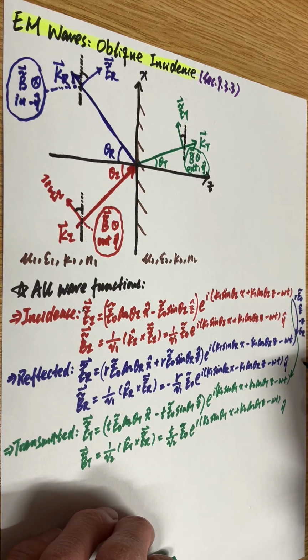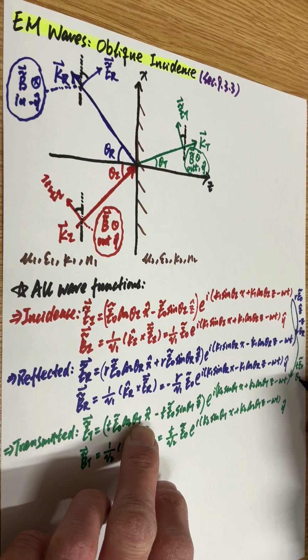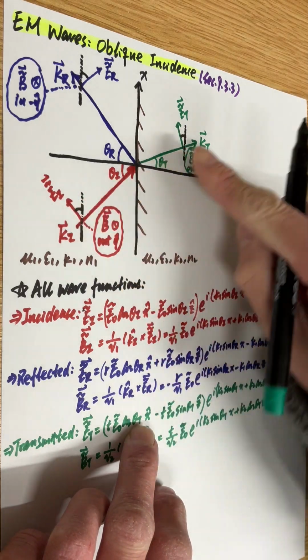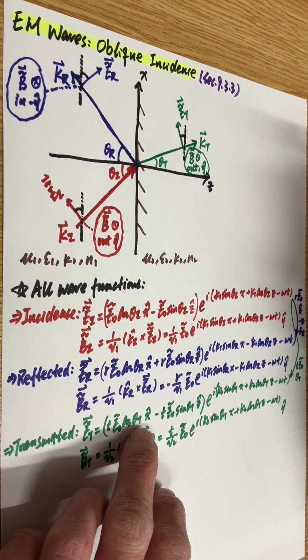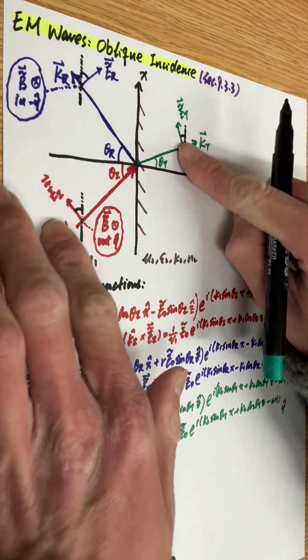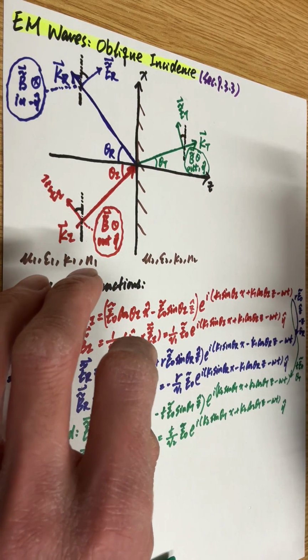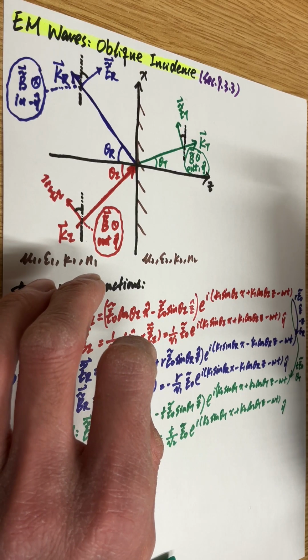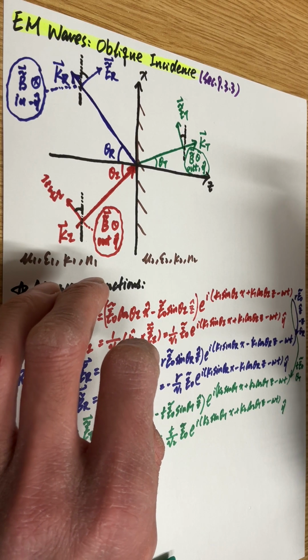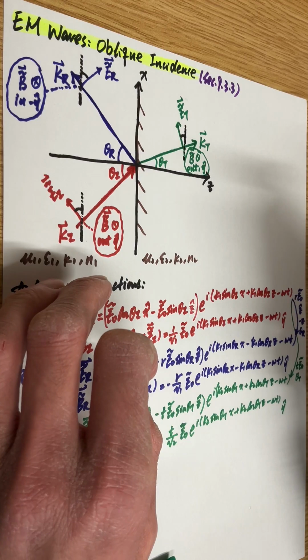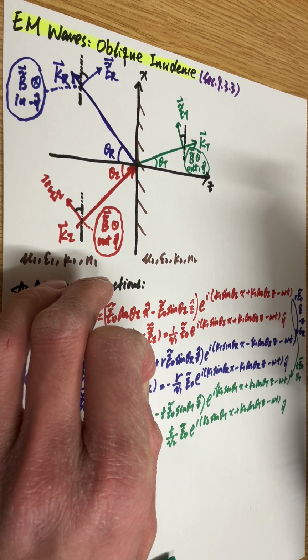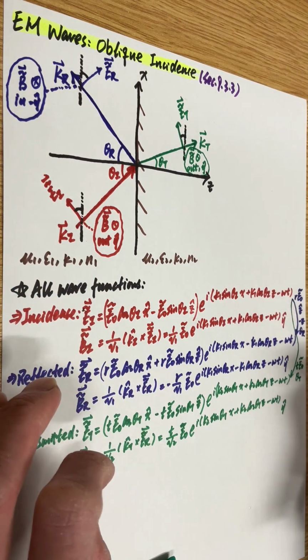So first of all, the amplitude must be replaced by t E0, and then obviously theta I must be replaced by theta t, and then the polarization direction, the sign of the xz, they will be the same. Propagation direction is the same as well, right? Yes, the same as well.